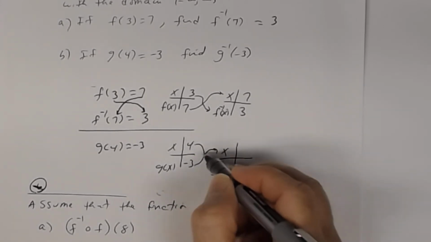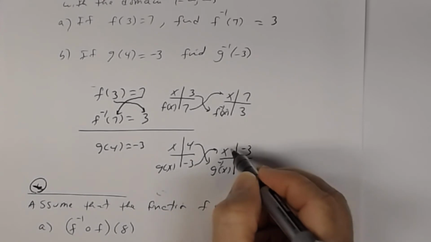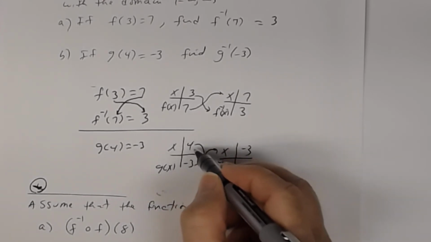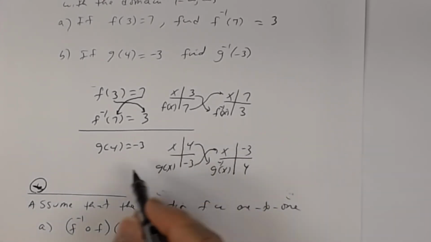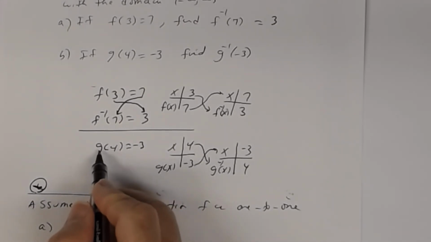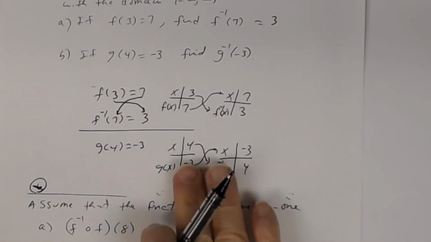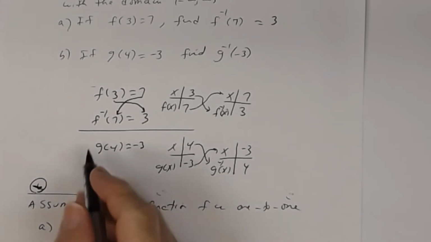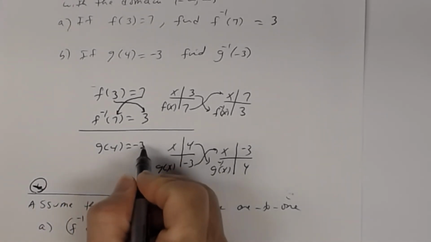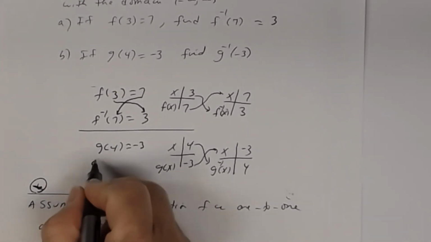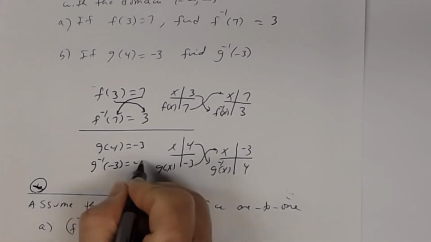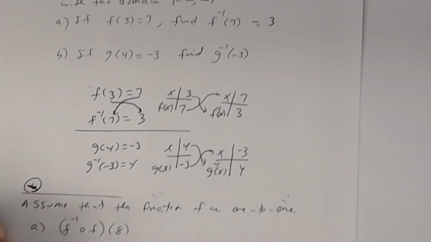That means that when x is negative 3, your y value will be 4 for the inverse. So if g of 4 equals negative 3, you don't even have to think about this anymore. You know this: g inverse of negative 3 is going to be 4. All right? So make sure you understand this.